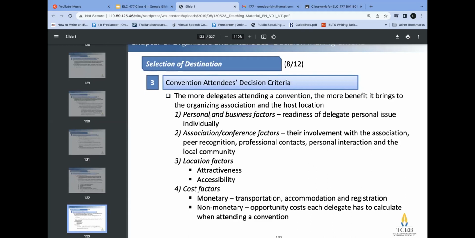The first is personal and business factors: the readiness of delegates or attendees, meaning they must be free and available to attend. If they're free and don't have any business conflicts, it's fine. You have to make sure those delegates are available at that time. Second, association conference factors.